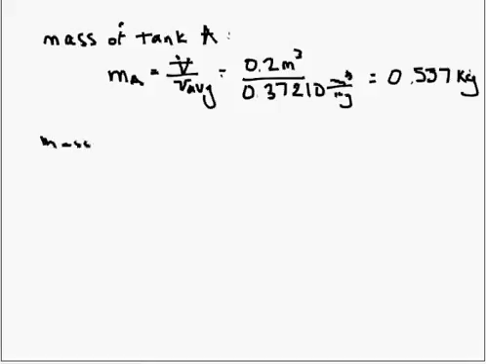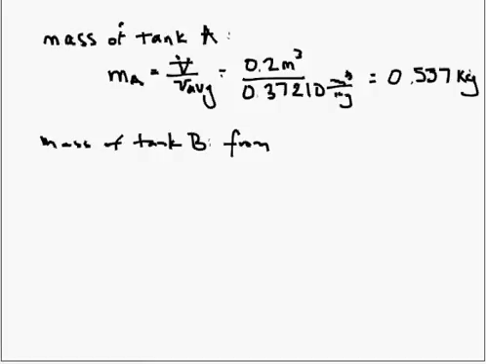Okay, now I need to do the same thing for tank B. So now I need to find the mass of tank B. Okay, and I'm again going to go to table A4, because just to remind you, the way that we find our state is to go to the saturated liquid vapor tables first, see if we're within the range of saturated liquid, saturated vapor, or somewhere in between.